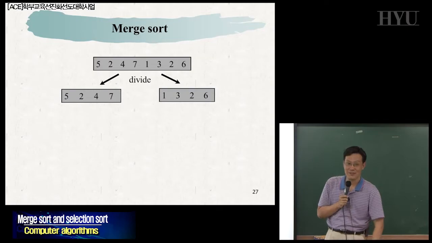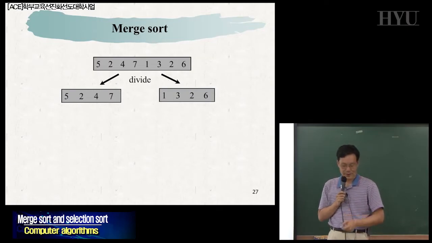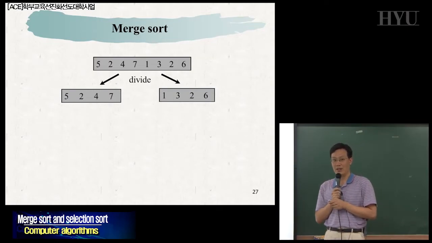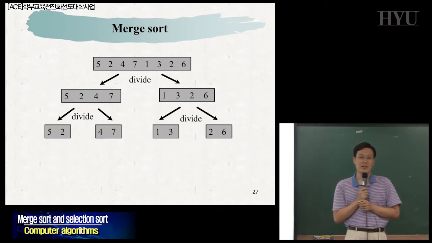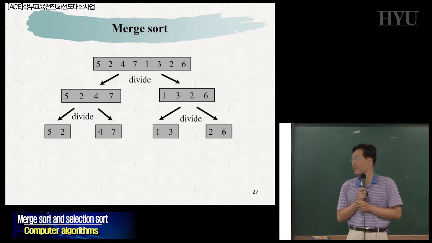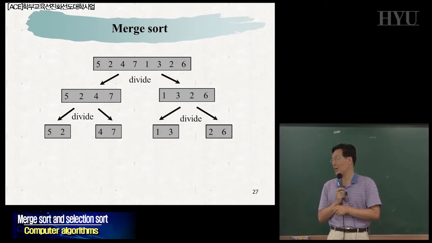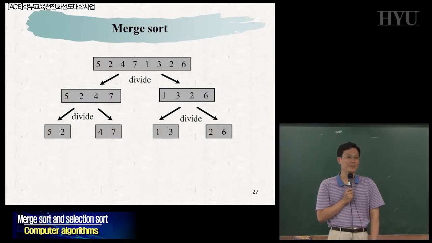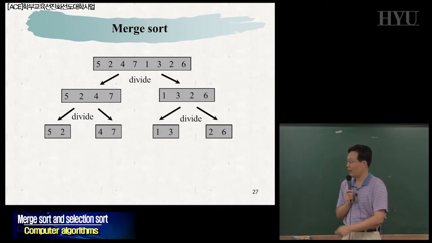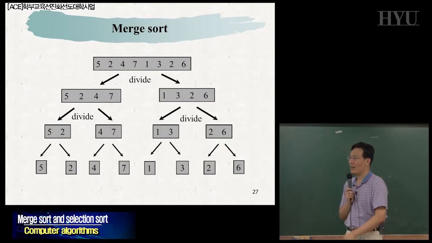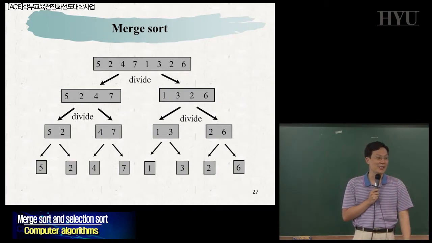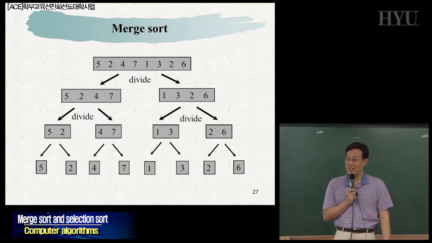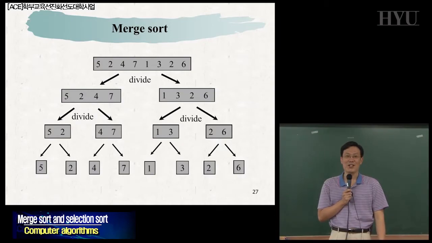So it is further divided into 4 lists. And then divide them again. Finally, every list has only one key. It means it is already sorted.